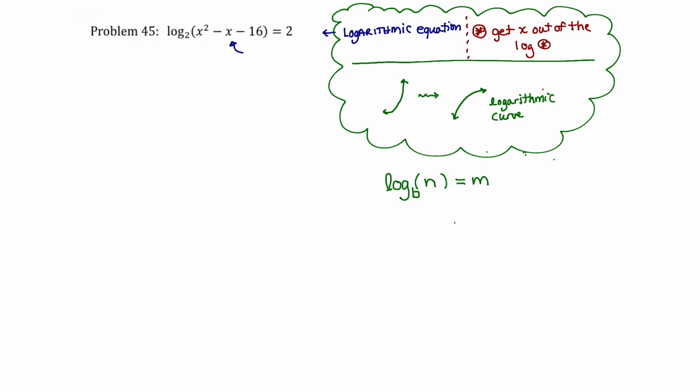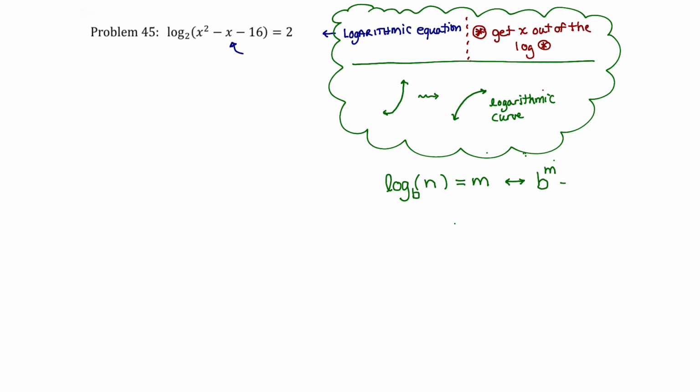Like I said, a logarithm is an exponent, and so a key way to think of it is in terms of its equivalent exponential equation. This is the same statement as saying b to the mth power equals n. Using logarithms allows us to work with exponents, and so they go hand in hand with exponents.